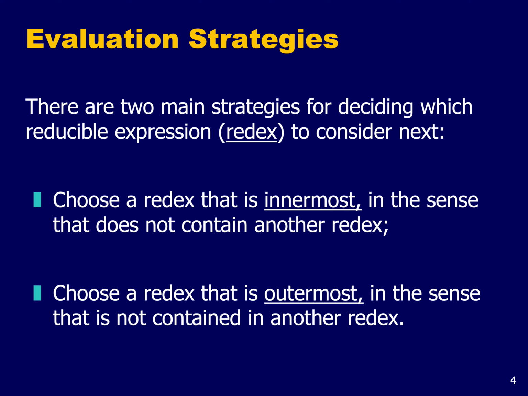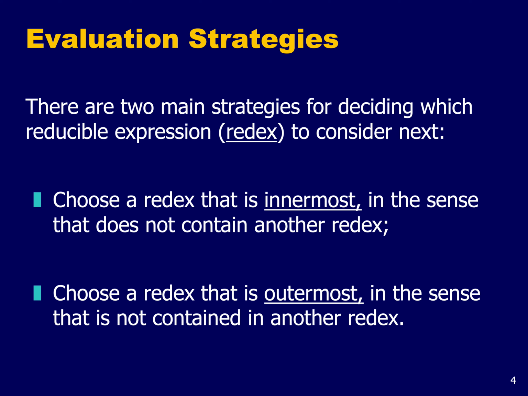So this leads us on now, very naturally, to the question of evaluation strategies. Because if every possible way of evaluating an expression in Haskell is always going to give the same result, provided that it terminates, how do we choose what to do next? So it turns out that there are two main strategies for deciding which reducible expression, or redex as it's called for short, to consider next.